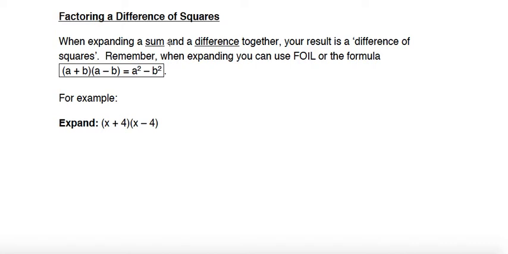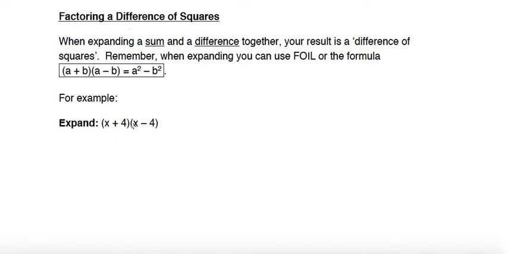We're always looking for the square root of the first term, the square root of the second term, and so on. Just as a recap, let's practice foiling out or using our formula for this first example.